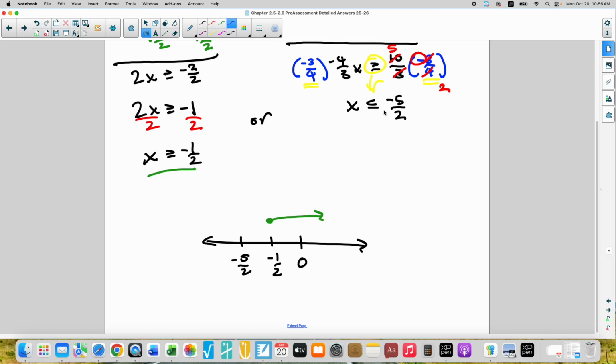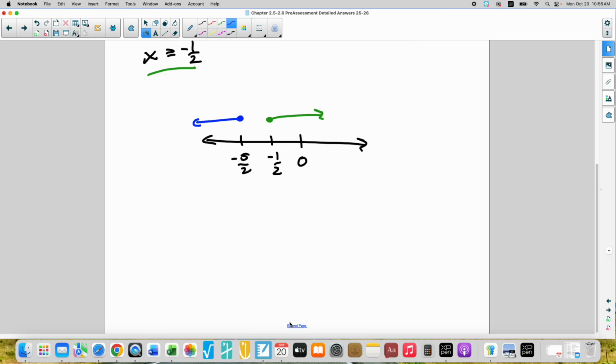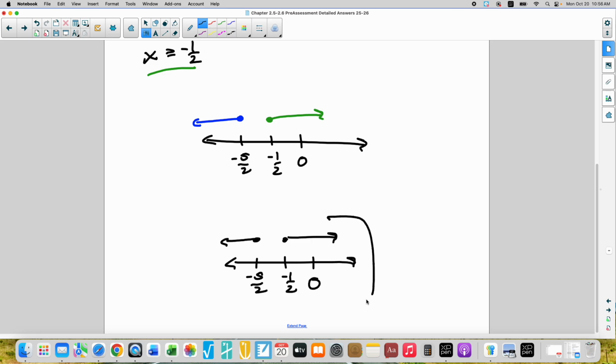This is a closed circle also, going to the left, and then that's going to be my answer. So let's put negative 5/2, negative 1/2, 0. Let's do this, going that way. Whoops, I almost made a mistake, caught myself, not at 0, at negative 1/2. And this would be your answer.